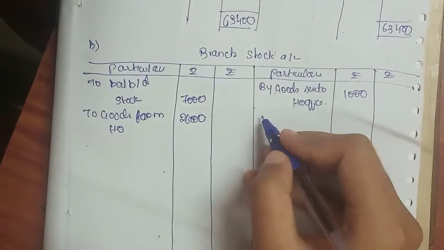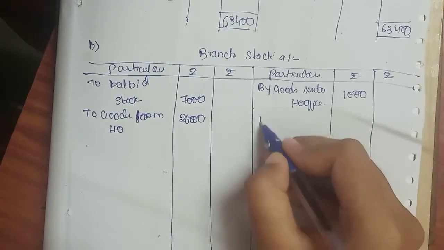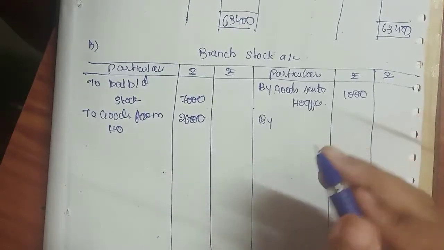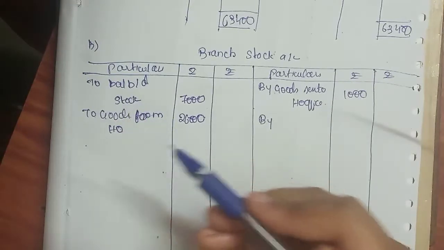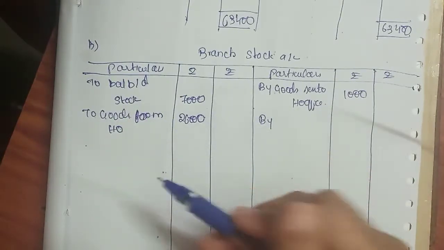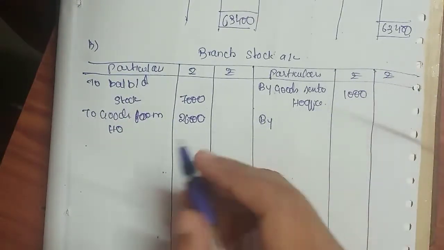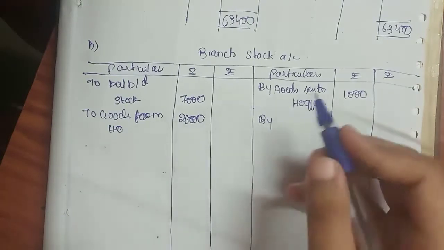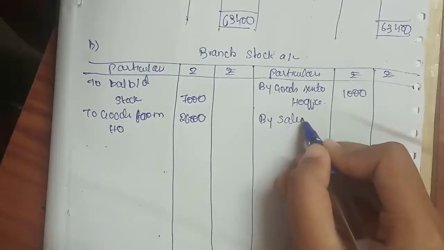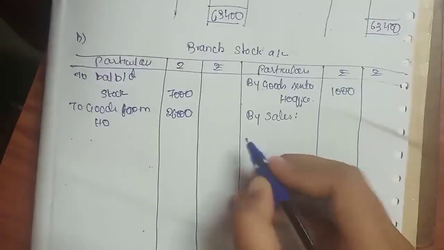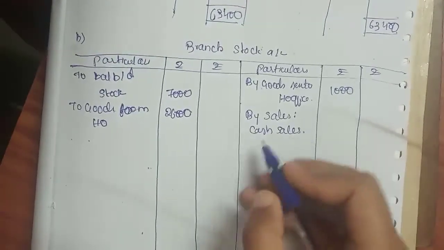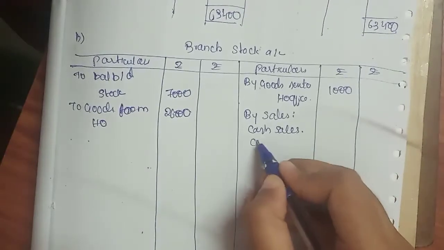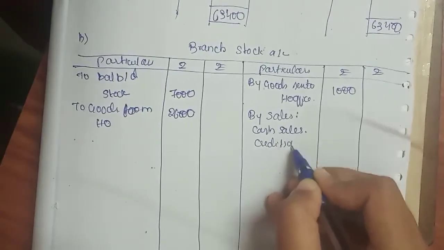Then write whatever you do in the normal trading account. How do you write? Opening stock, purchases, sales, same thing like that. If any purchases are there, write this side. If any sales are there, write here. So we have sales. We are having cash sales and we are having credit sales.